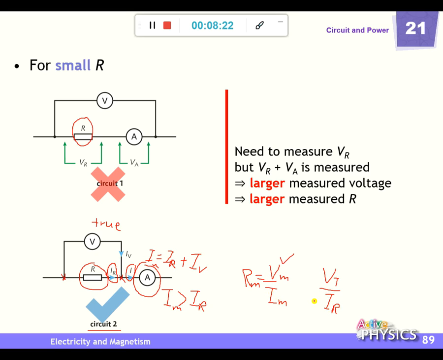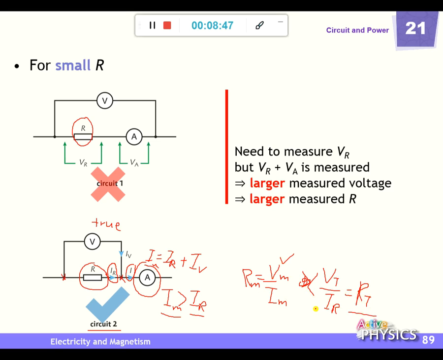Then what will happen? You can see this. Can you see it? IM is greater than IR. This one is greater than this, so the whole value will be smaller. What is this? It will be R true.